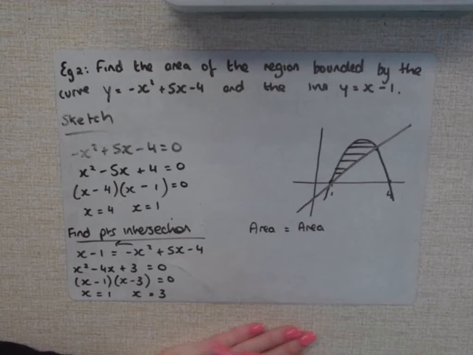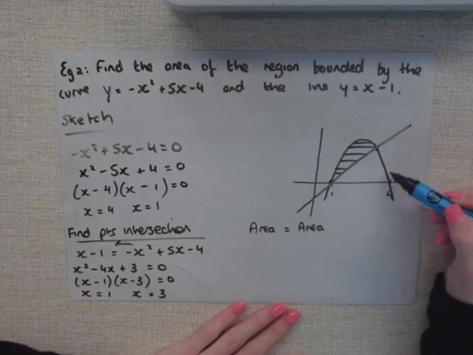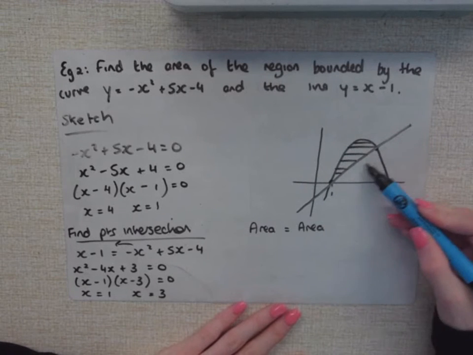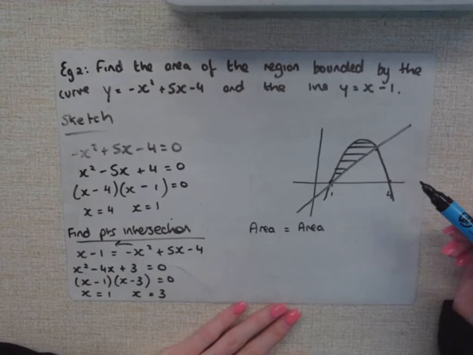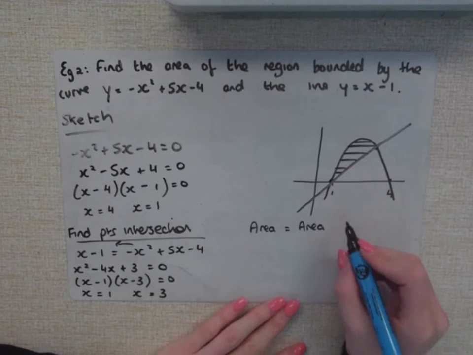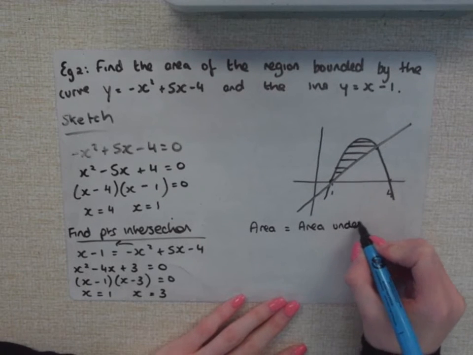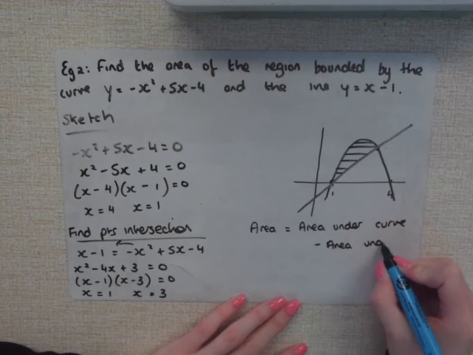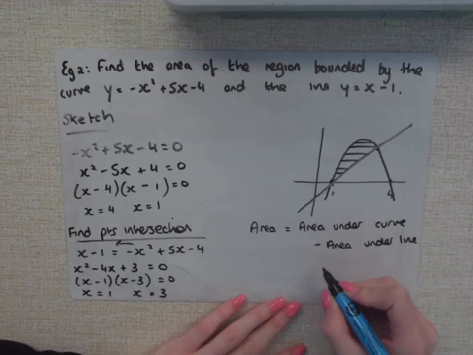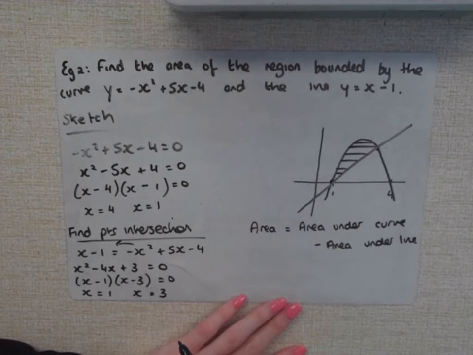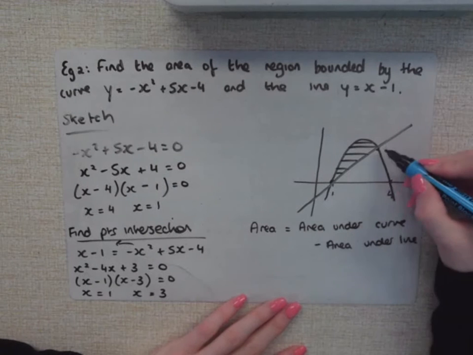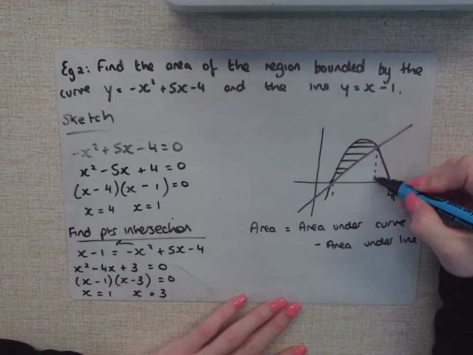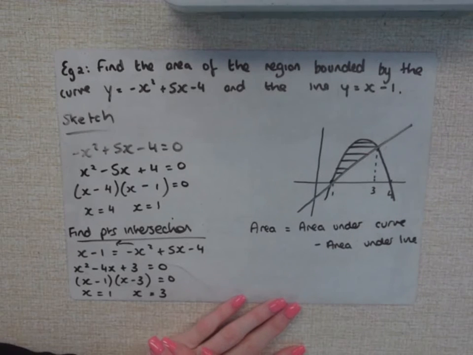The area of this one, the curve, minus the area under the line. Between what point and what point? Area under curve minus area under line. And what are your limits? From 1 to 3, exactly.